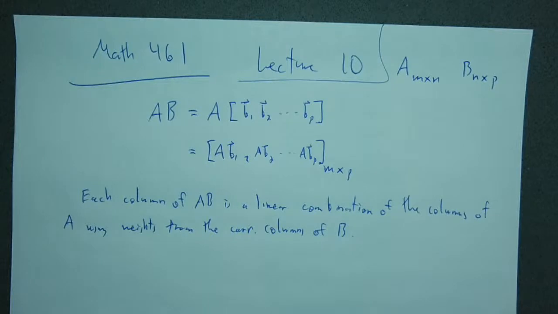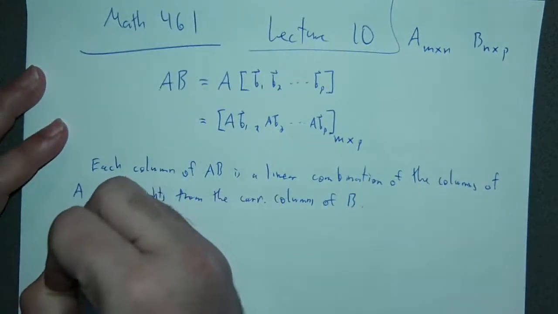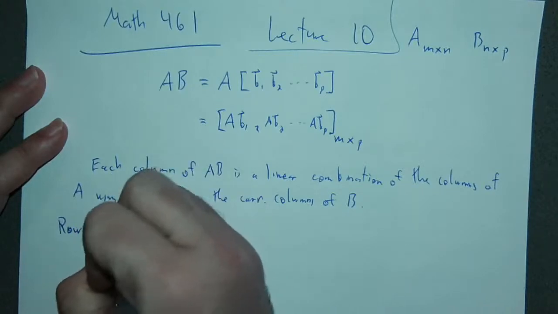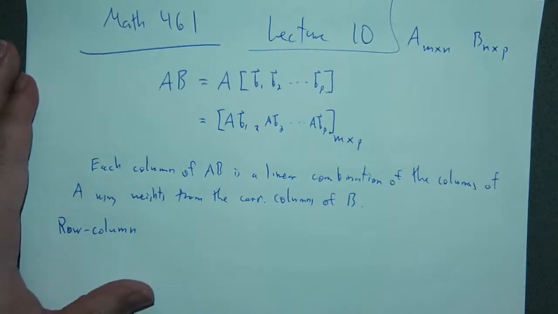There's what's called the row column rule for computing the product. I'm going to write it out, even though having it written this way might not seem that useful at first glance.